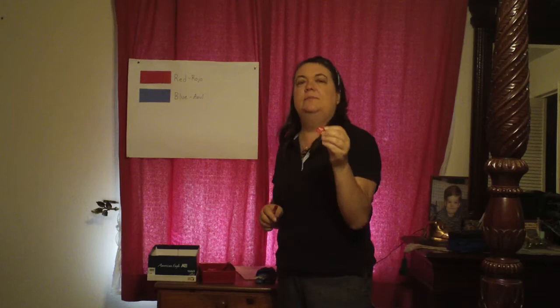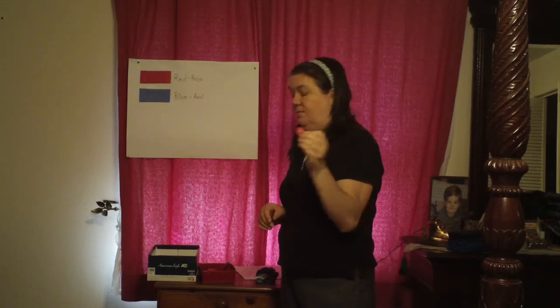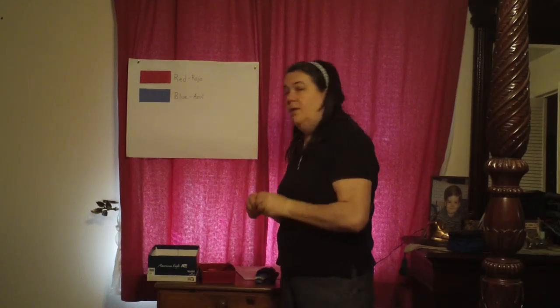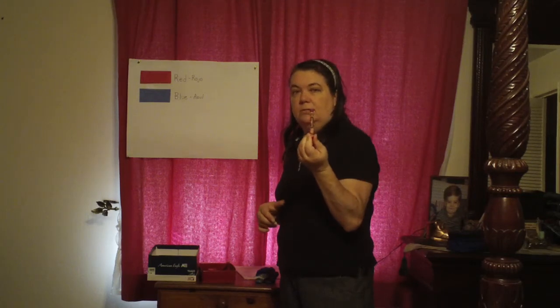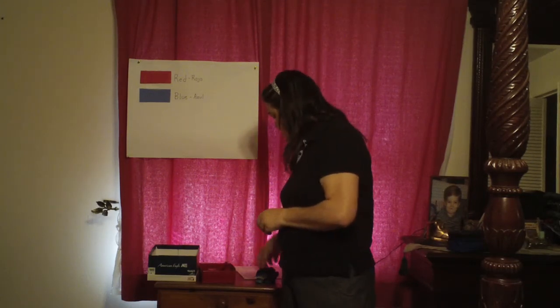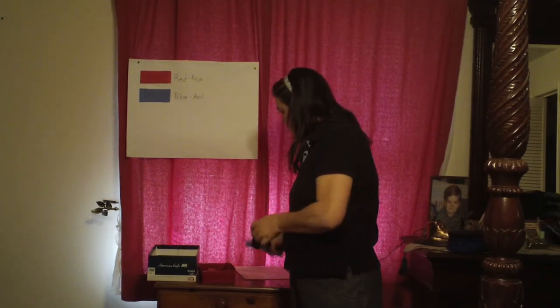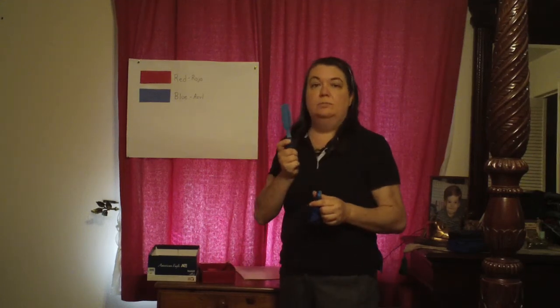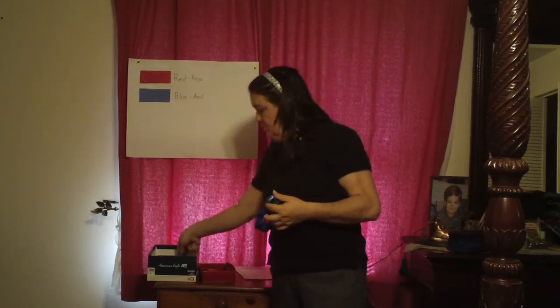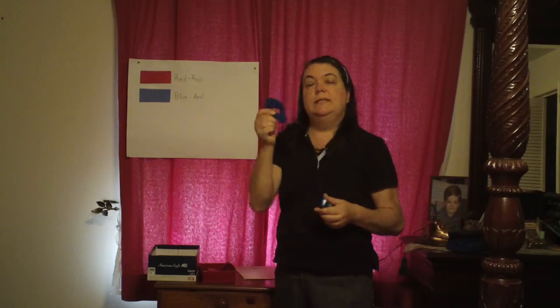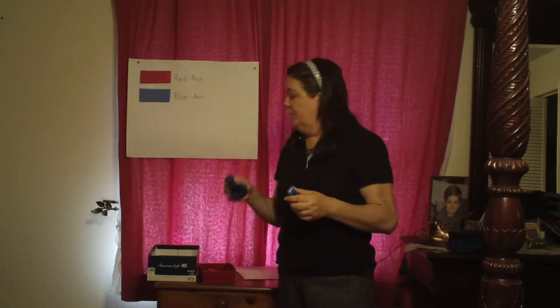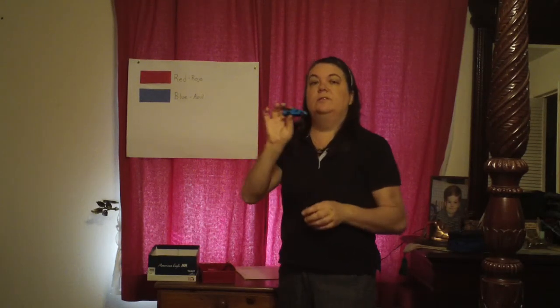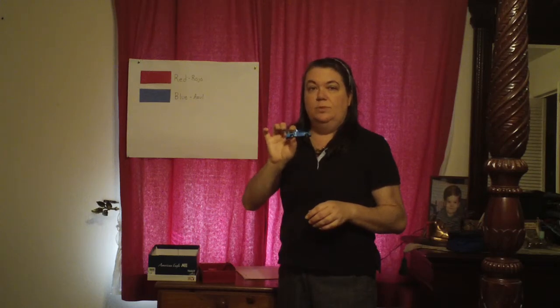What color are these lips? They are red. And what color is this crayon? It is red. What color is this brush? It is blue. And what color is this hairband? It is blue. And what color is this truck? It is blue.